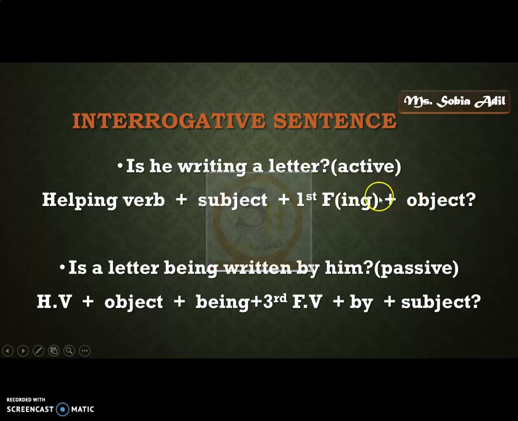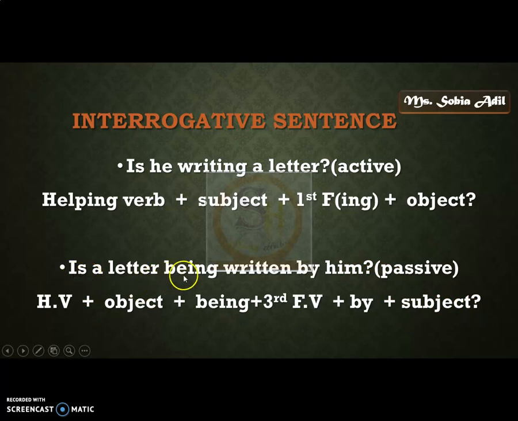So to change this one, we need to first write the helping verb here. After that comes the object. Helping verb, why is it so? Because it's an interrogative sentence, so you need to write the helping verb first. Then comes the object, then we write "being", then the third form of the verb, after that comes "by", and then "him", that is the subject here.